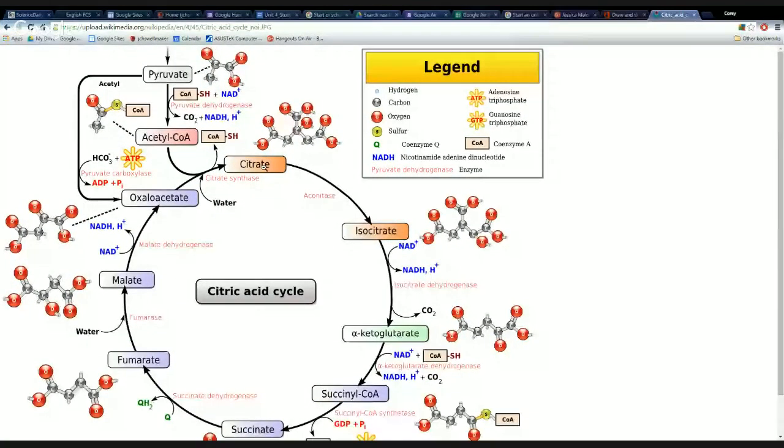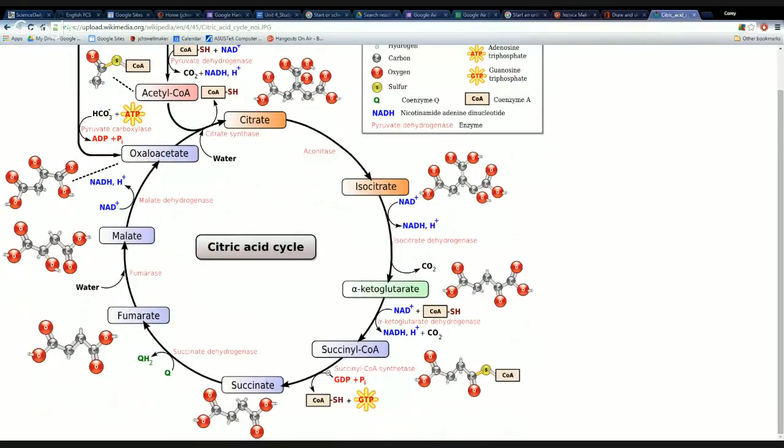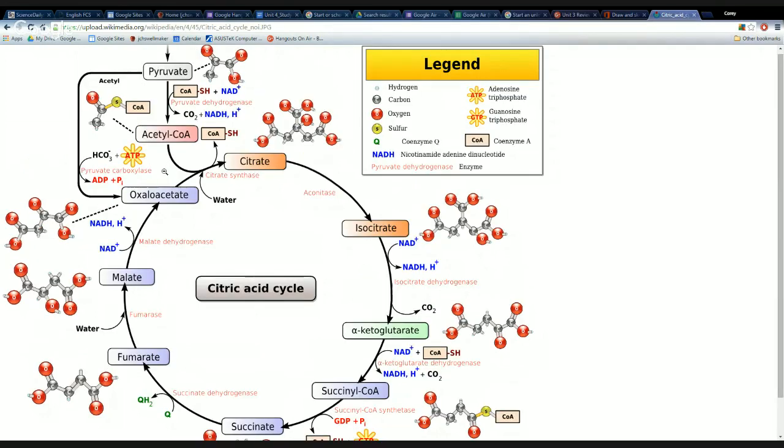Okay, so citrate, isocitrate, ketoglutarate, all of these names right here in these colored boxes, those are intermediates. And again, all you have to know is here's citrate, which is that 6-carbon molecule, and then here's the 4-carbon molecule that interacts with acetyl-CoA right here.